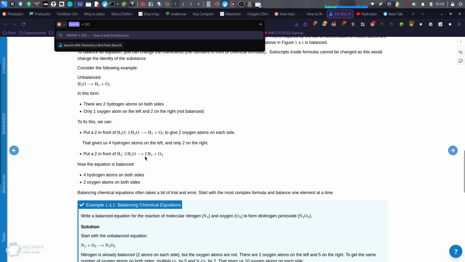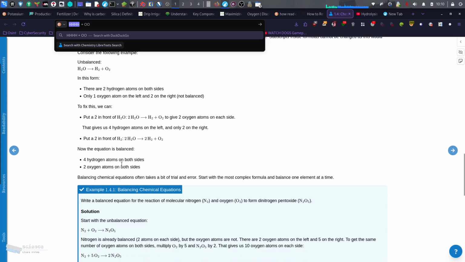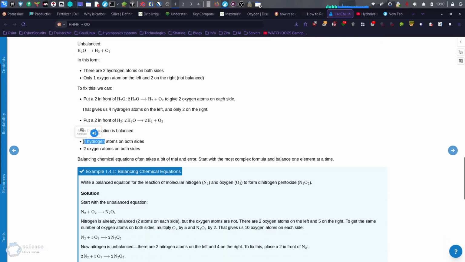But this formulation, write it on the other side. Put 2 in front: 2 molecules of water produce 4 hydrogen and 2 oxygen. Now the equation is balanced. 4 hydrogen atoms on both sides, 2 oxygen atoms on both sides.